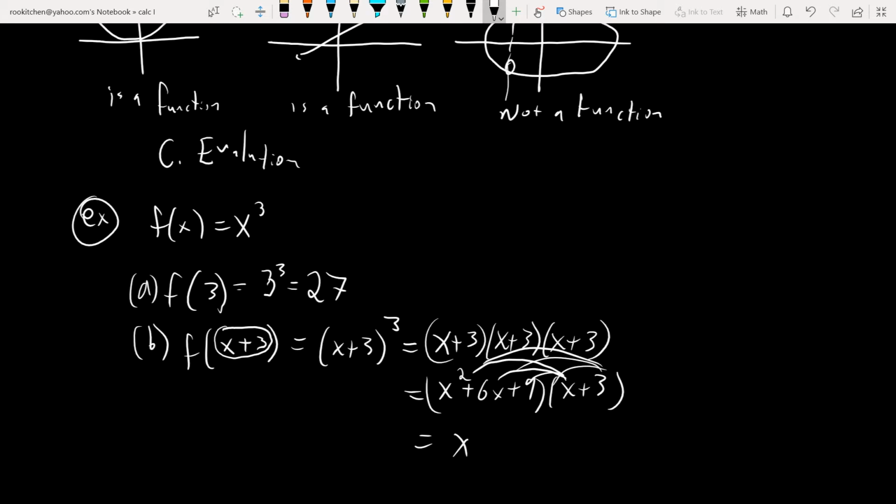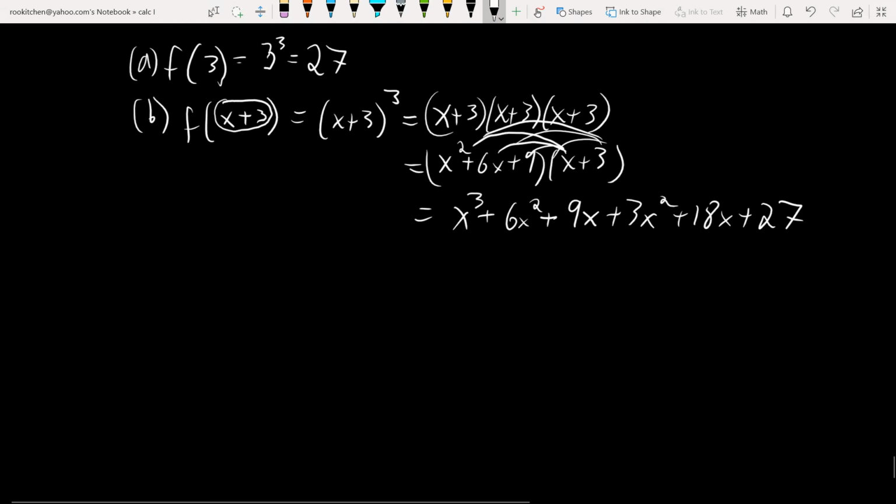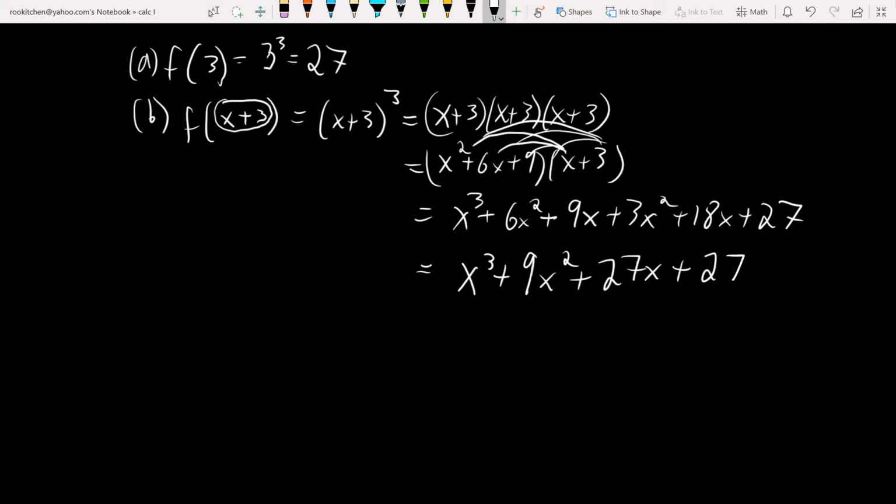Long story short, it will be x cubed plus 6x squared plus 9x plus 3x squared plus 18x plus 27. And then that's going to be x cubed plus 9x squared plus 27x plus 27.